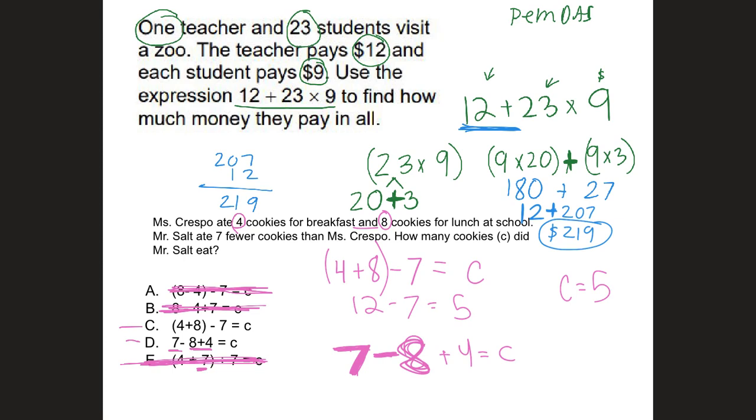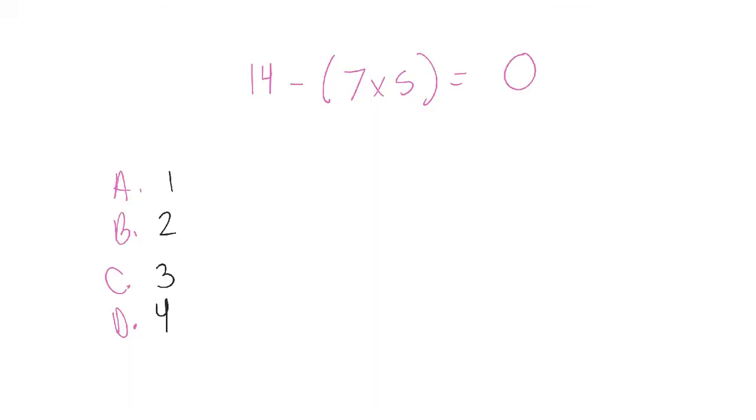So I need to add up her numbers first. Therefore, my answer has to be C, where I add the cookies Miss Crespo ate first, and then I take away however many fewer Mr. Salt had.